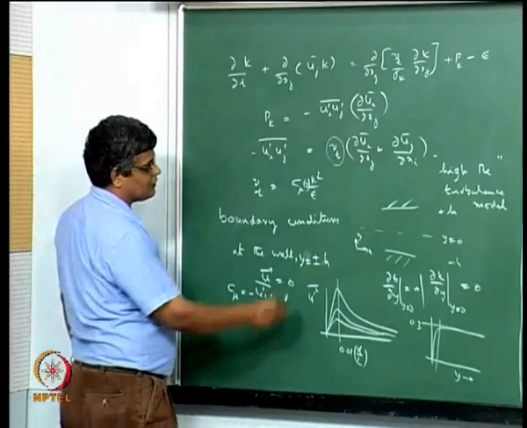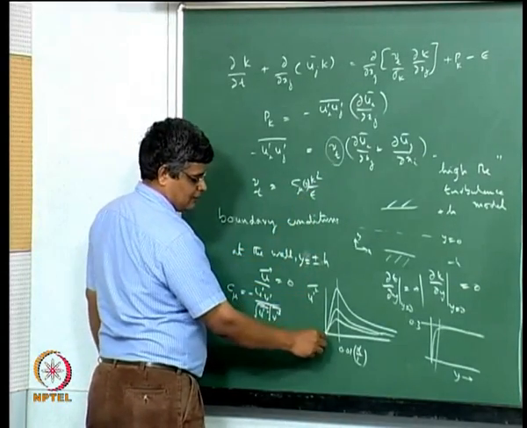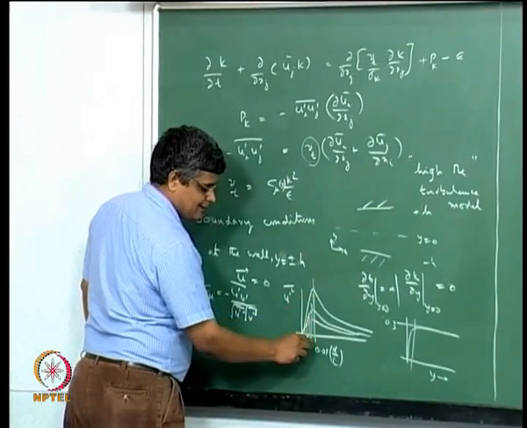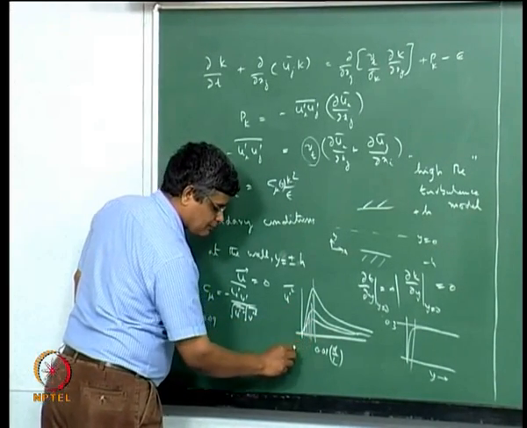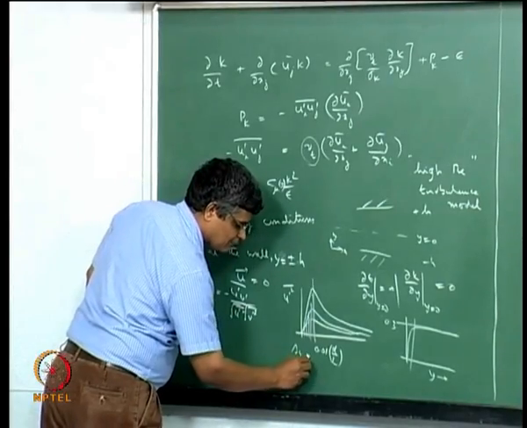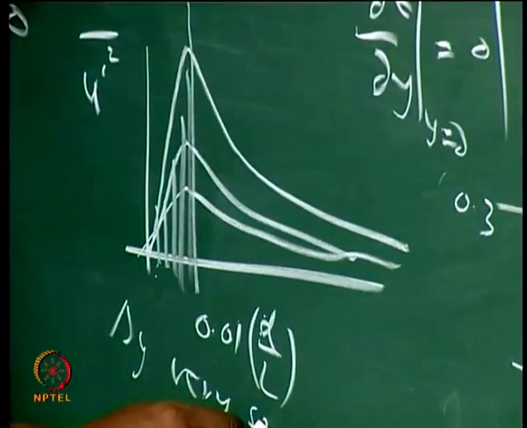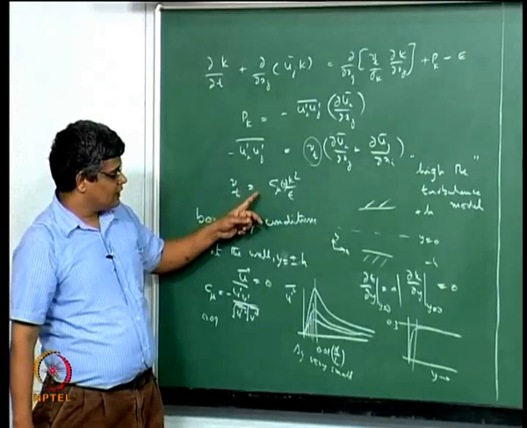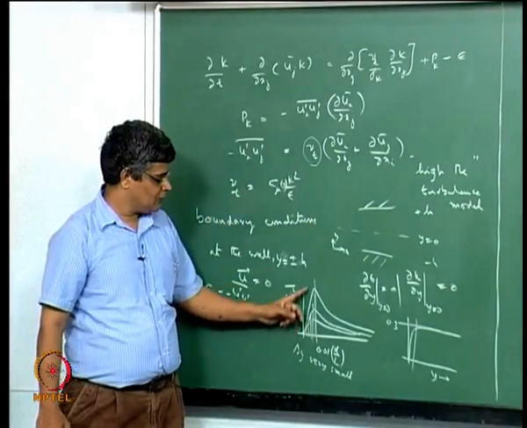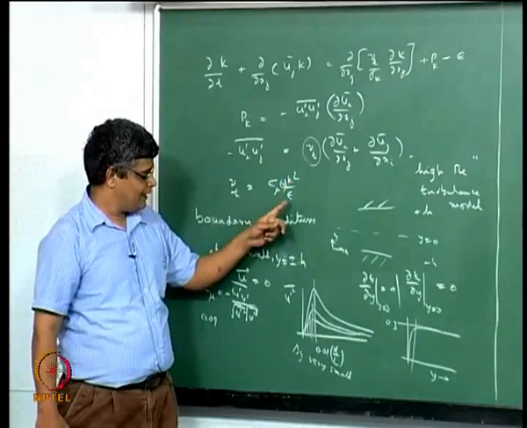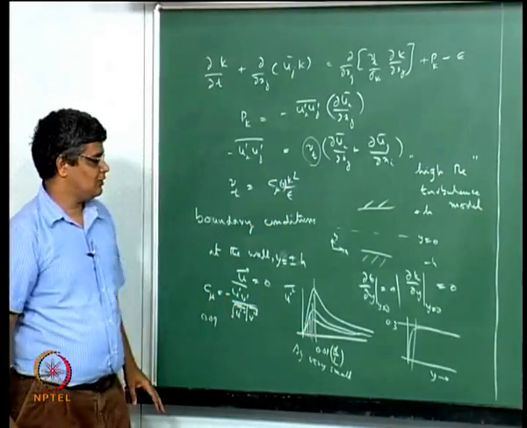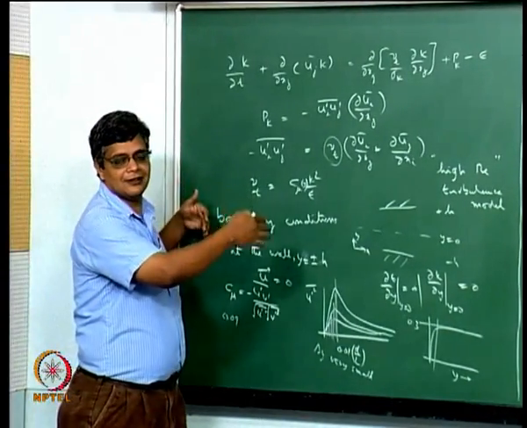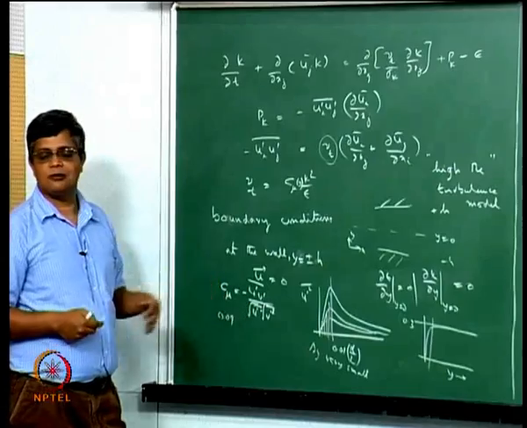So that means that if you want to resolve a very steep gradient going like this, you need to have very fine delta y here. Okay, so the delta y needs to be very small in order to resolve the very rapid variation of the turbulence quantities both k and epsilon in the region close to the wall, and that means that the number of grid points which are needed to discretize the given cross section will become very large.